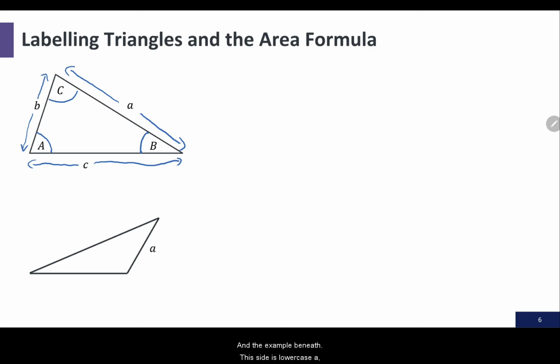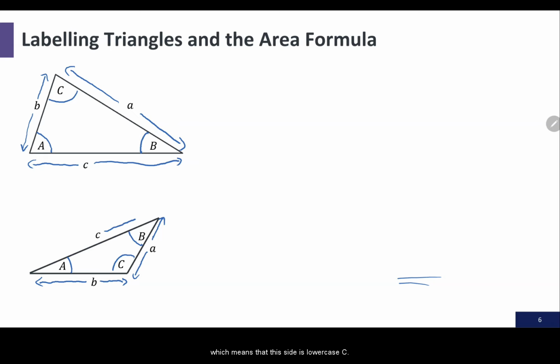And in the example beneath, this side is lowercase a, which means the opposite angle is uppercase A. This side is b, which means the opposite angle is uppercase B. This angle would be uppercase C, which means that this side is lowercase c.